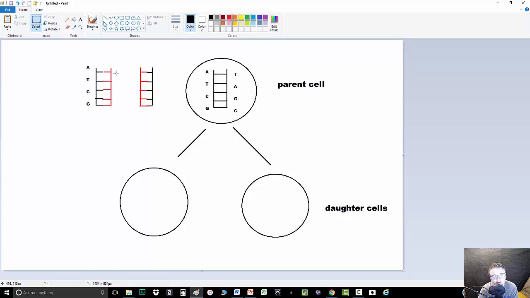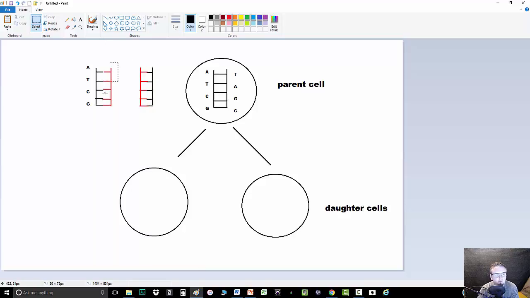So this one's going to say T, A, G, C. I'll spare you typing that in and trying to align it. So the idea is that we can split the DNA molecule apart into two, and then use each of the base strands to make a new full strand and complete that complement.